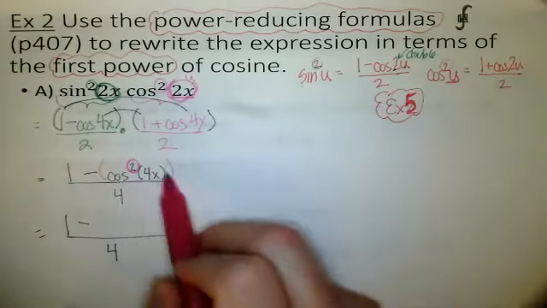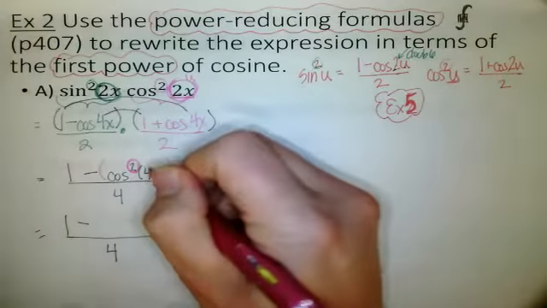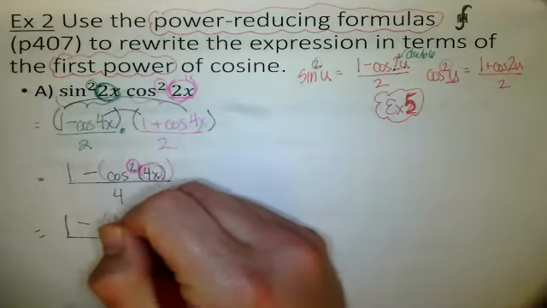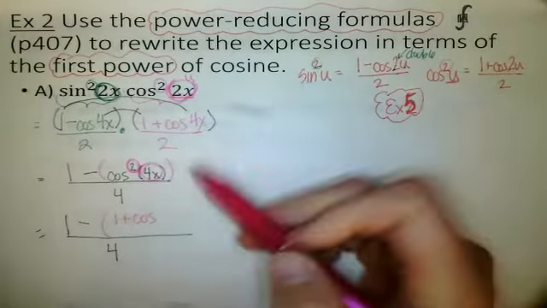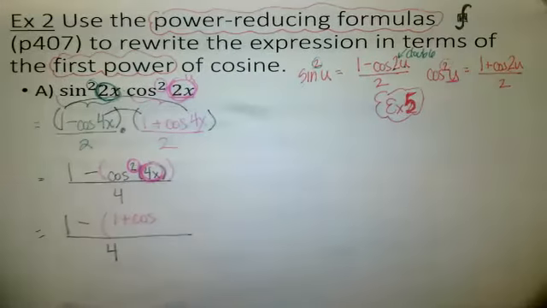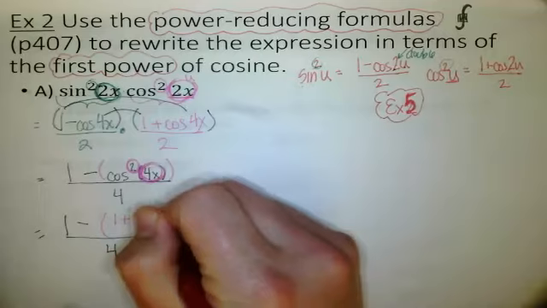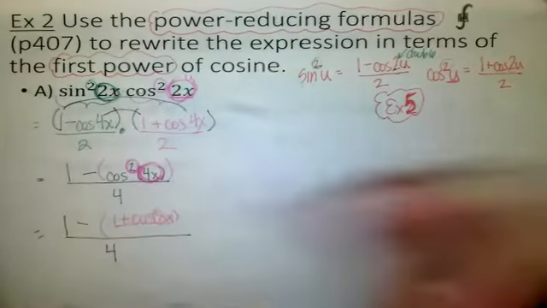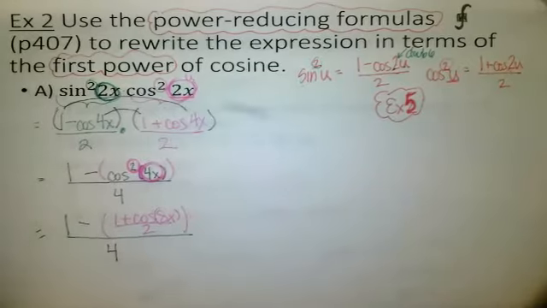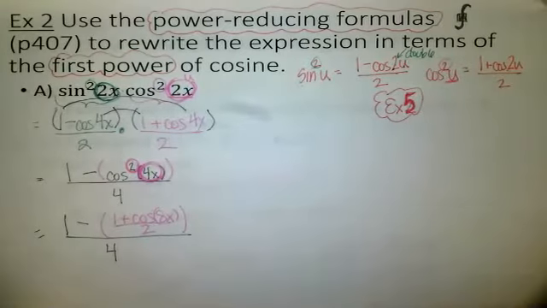And I'm replacing this cosine squared of 4x with 1 plus cosine of double whatever I'm starting with. If I double this, what do I get? 8x's all over 2. And so we have a really great complex fraction.